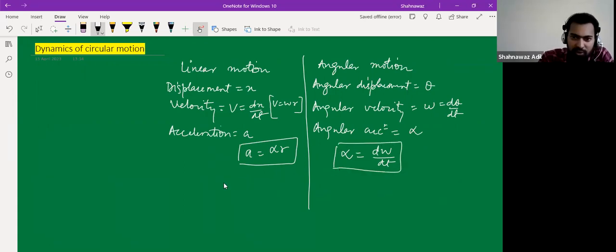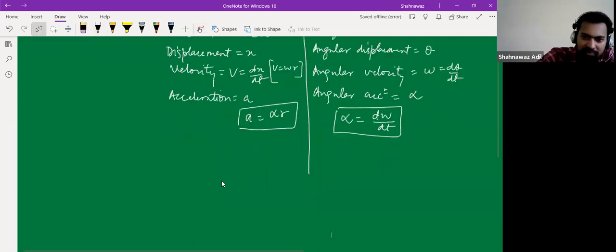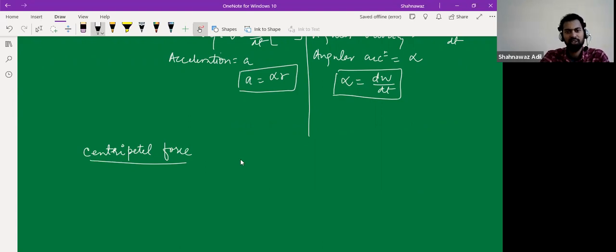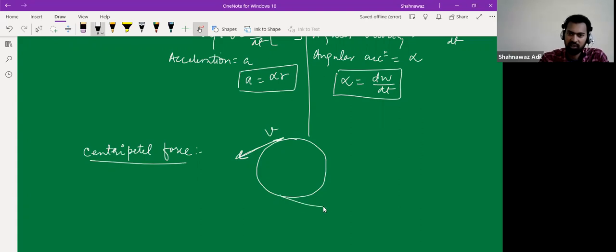And we also learned about the centripetal force. So in circular motion, when you move in a circular path, the tangent shows the linear velocity, and towards the center, radially, you feel a force.